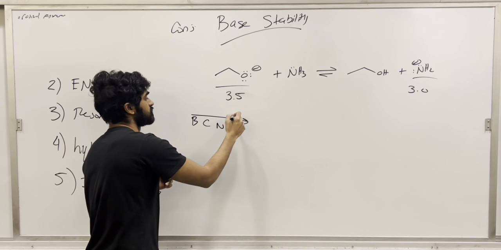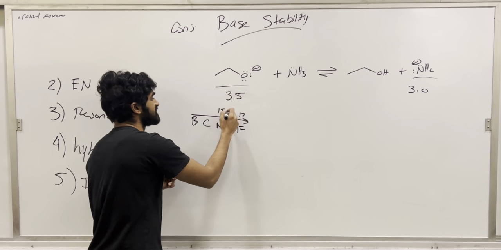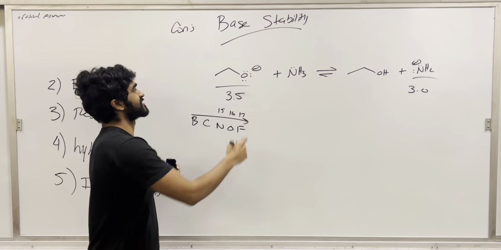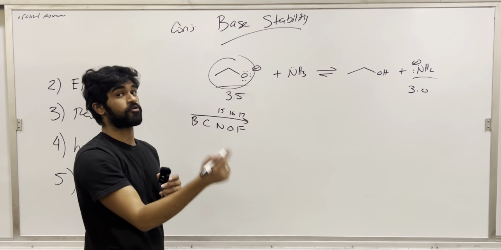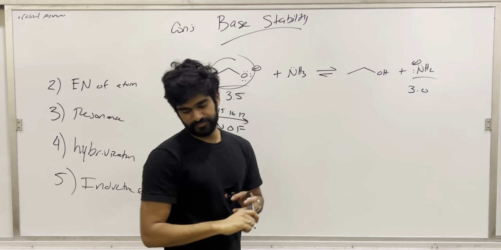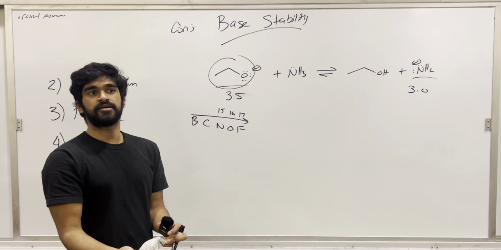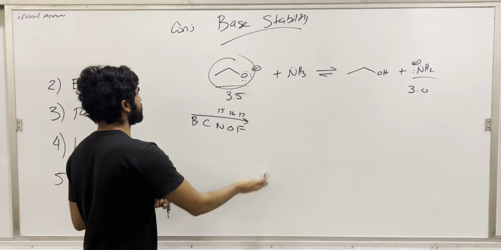So group 16 versus 15, the electronegativity is what matters. And that's why this is more stable, and the delta G of the forward reaction would be positive. That's how it's going to be presented to you on the MCAT.